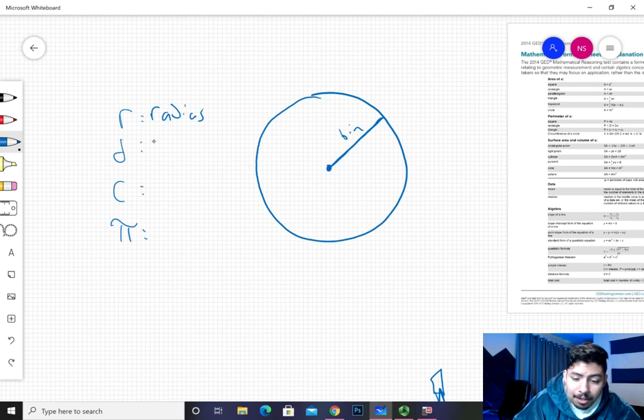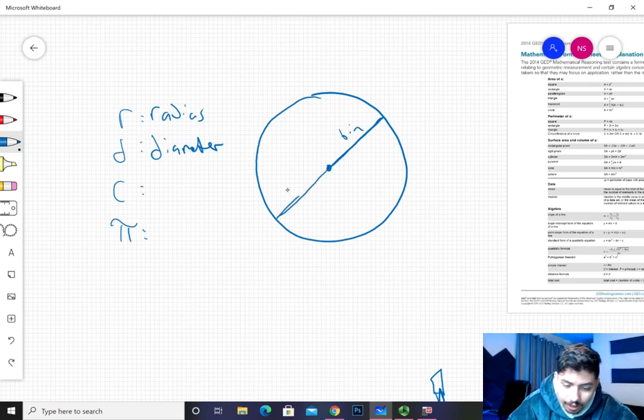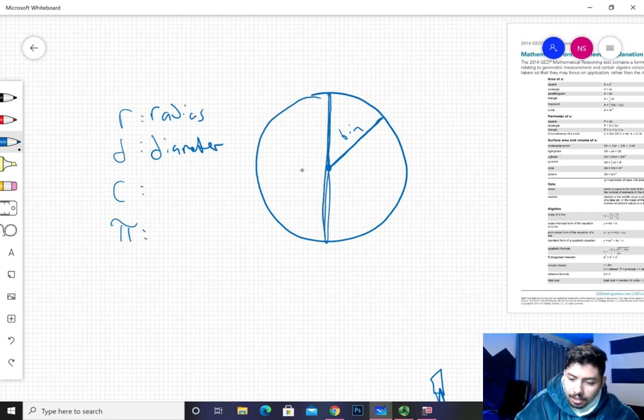The diameter, that's what D stands for. It's pretty straightforward. It's just double the radius, aka the full length of the circle. So in this specific circle, what would be the diameter? If I made a separate line from one end all the way to the opposite end, that would be 12 inches.